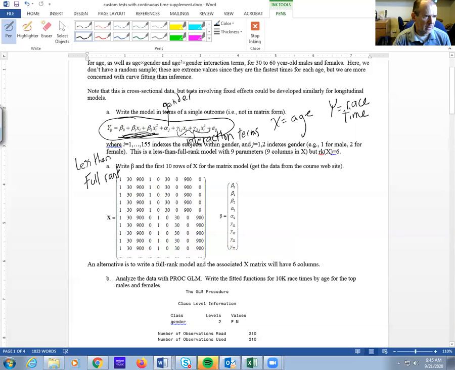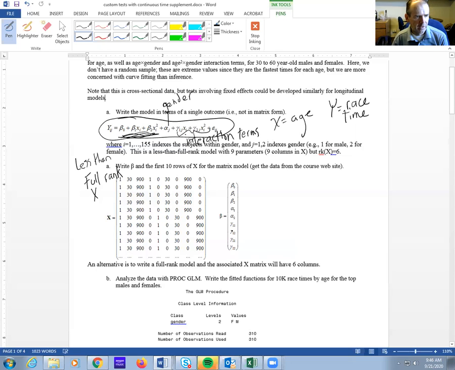It's kind of weird, that name, less than full rank, because the less than full rank X has more columns, right? So it seems kind of backwards, but a less than full rank X is actually going to have more columns because you're putting in a column for every level of every class variable that you have. So we have the intercept, age squared, a column for each of the men and women, and then the interaction columns. So this is the basic form for X.